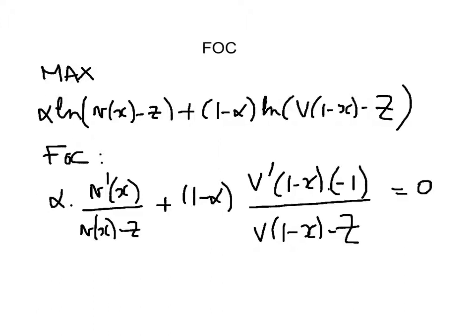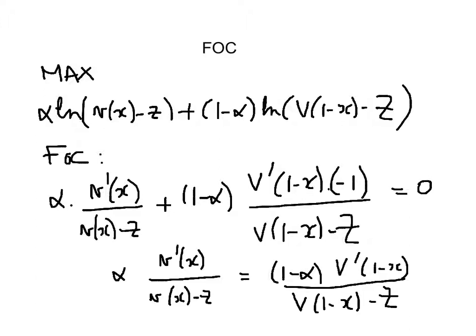Now I can rewrite this expression as follows. I've simply moved things around. So it's very easy to see here that if alpha is equal to 0.5, then alpha equals 1 minus alpha, and this drops out. And so I'm simply left with the ratios of the marginal utility gain divided by the total utility gain, right?